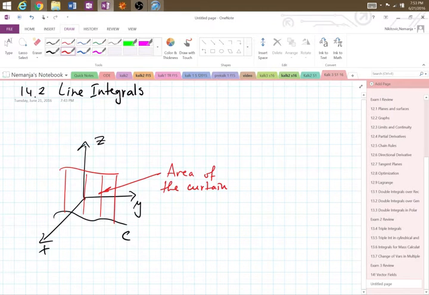And the line C is going to be parametrized through whatever parameters we have. So this line C will be given as x being some function, say g of t, and y some h of t.